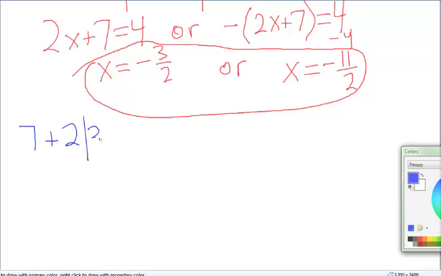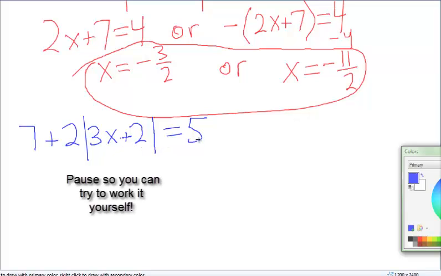There are two pitfalls, two things that are very common for people to try to do on this, and they end up getting it wrong. 7 plus 2 times the absolute value of 3x plus 2 equals 5. Pause the video. Alright, you've just unpaused it after finishing it, and we're going to work this problem.